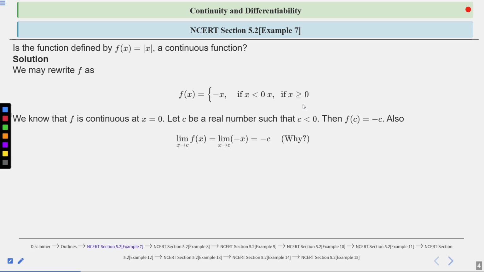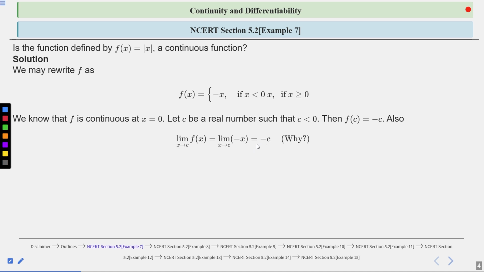Now we know that the function f is continuous at x = 0. Let c be a real number such that c < 0, then f(c) = -c. Clear? Also, the limit as x tends to c of f(x) will be equal to the limit as x tends to c of -x, which equals -c.